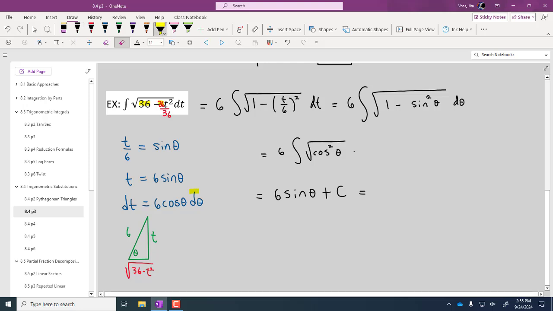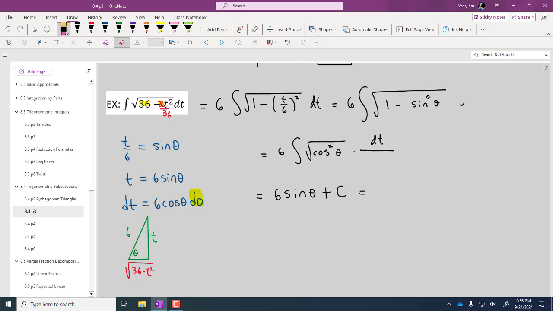So here is d theta. This d theta has to get replaced with dt divided by what? Wait, are we replacing dt or were we replacing d theta? We're replacing dt, sorry, because I wrote d theta there.